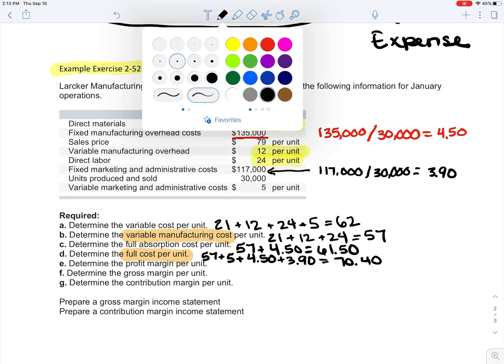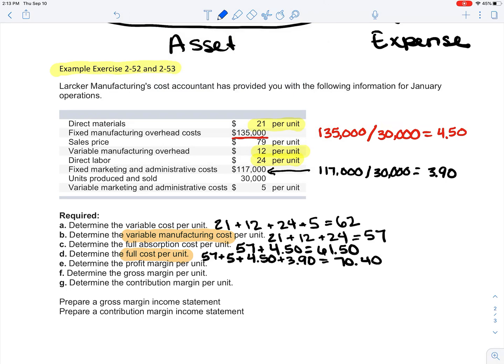So when I look at, let me change colors here so it's a little bit easier to see, your profit margin per unit, that's going to look at your sales minus your full cost.